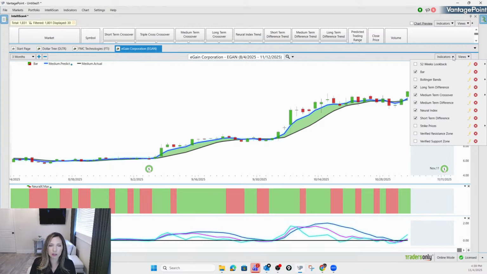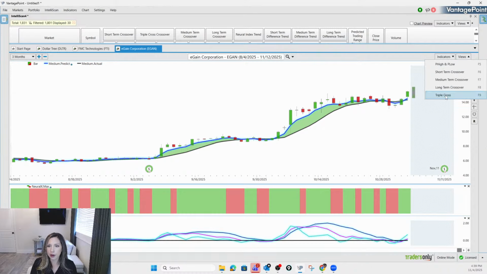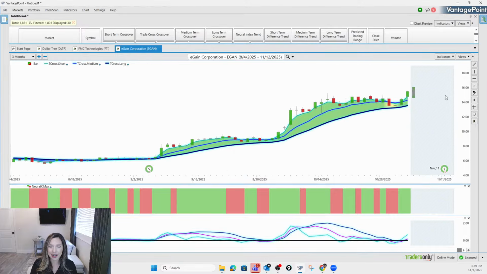And of course, we can look for those signals and strength in VantagePoint as well. But if we're talking about reversions, we're looking for, let me jump on over to our triple cross view here. We're looking for price to revert back to our T-cross long level, right? Identify that renewed bullish momentum as that support level stays strong.